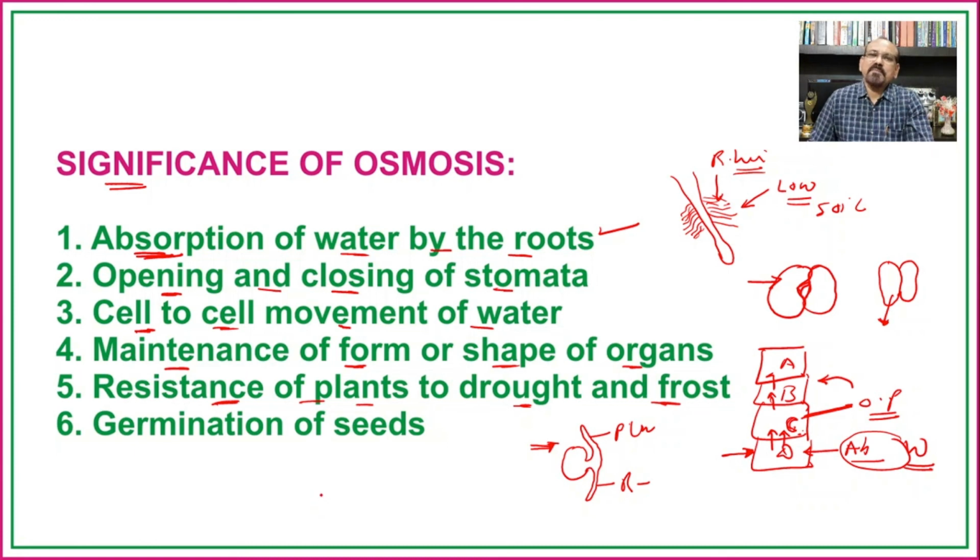This complete process is because of the increase in the number of cells, and this increase is because of osmosis, because osmosis is responsible for maintaining the turgidity of the cell, and so it is helpful in the germination of the seeds also.